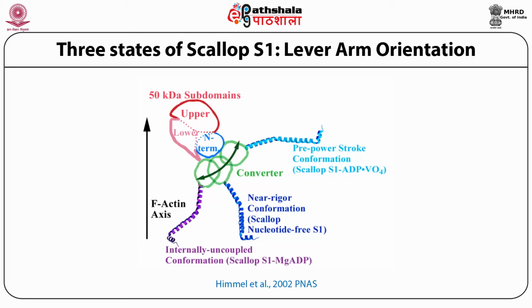You can clearly see from the internally uncoupled conformation to power stroke there is a huge difference. It's more than 90 degrees difference, and this causes the movement. So the small nucleotide which is bound and hydrolyzed in the active site is transduced to the lever arm, which causes a large structural change.